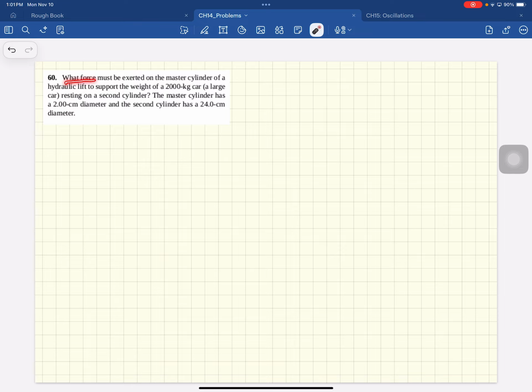So this problem says, what force must be exerted on the master cylinder of a hydraulic lift to support the weight of a 2,000 kg car resting on a secondary cylinder? The master cylinder has a diameter of 2 centimeters, and the secondary cylinder has a diameter of 24 centimeters.